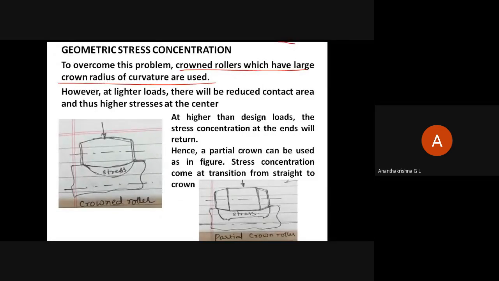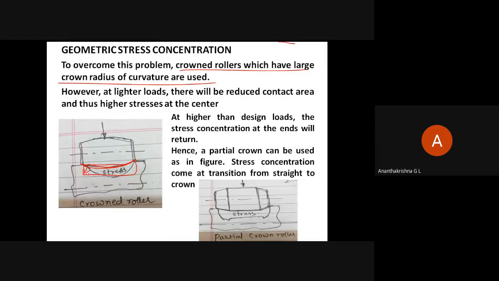That means we have avoided line contact. The stress which was in a rectangle, this area of the stress is eliminated when you make rollers into a crown shape.